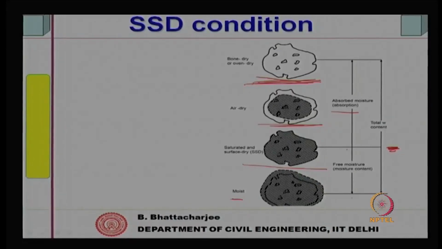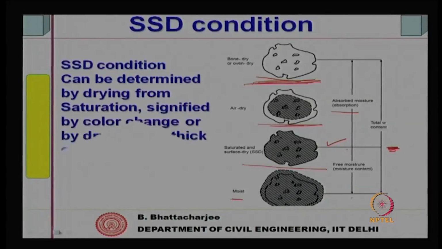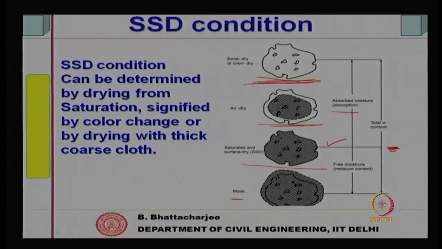That is why saturated surface dry condition is used as a standard condition. This can be determined by drying from saturation, signified by a color change, or by drying with a thick coarse cloth. You take a thick coarse cloth, flannel or something of that kind, and wipe off the water from the surface, and that is SSD condition.